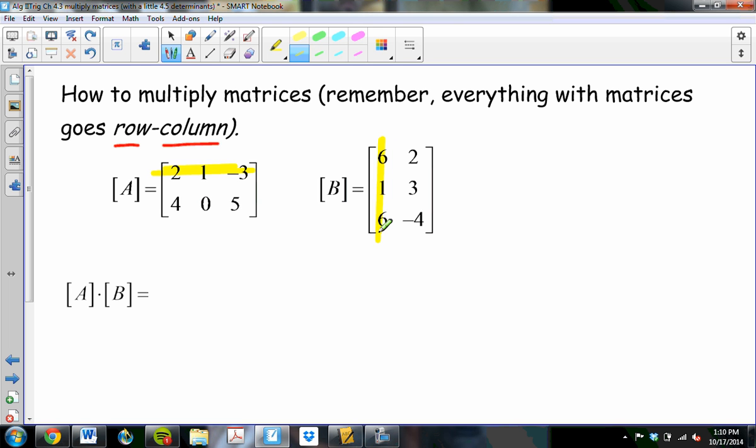What I do is I multiply the spots. The first number here, 2, multiplies the first number here, 6, and that becomes 2 times 6. Then I do 1 times 1, and then I do negative 3 times negative 6.